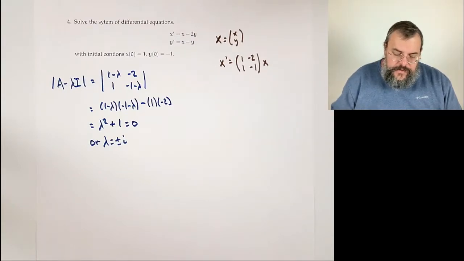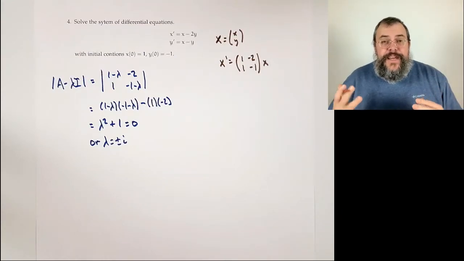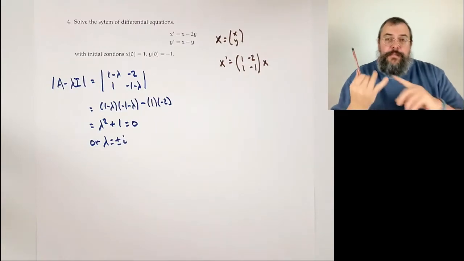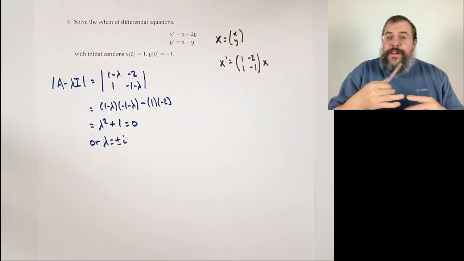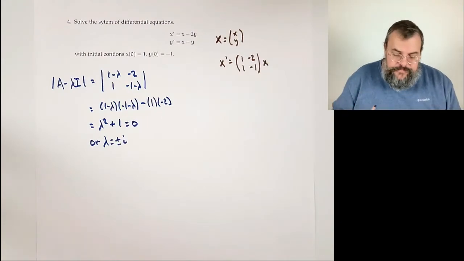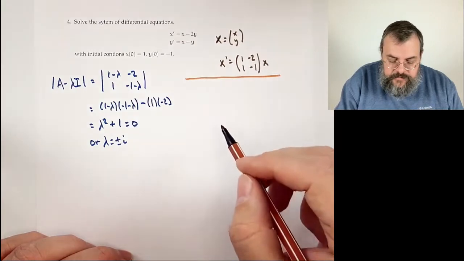Here we go. So what do we do? The nice thing is, once we know we have complex eigenvalues, everything comes in pairs. See how we have plus i and minus i? Pairs, pairs, pairs. So everything pairs up. So what about our eigenvectors?